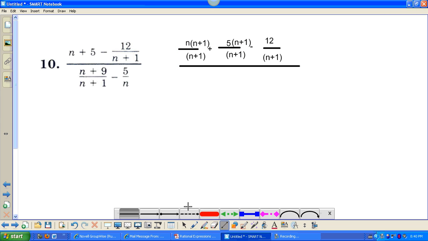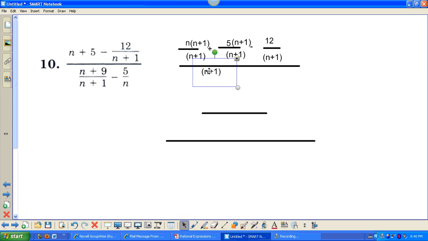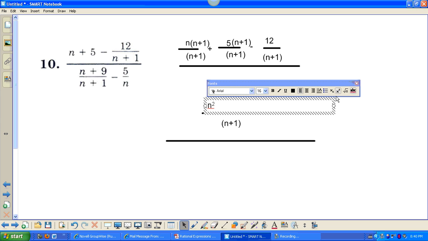So this is going to yield, if I simplify that numerator, an n plus 1 in the denominator. And in the numerator, I'm going to start doing some distribution. It's going to be n squared plus n plus 5n plus 5 minus 12.